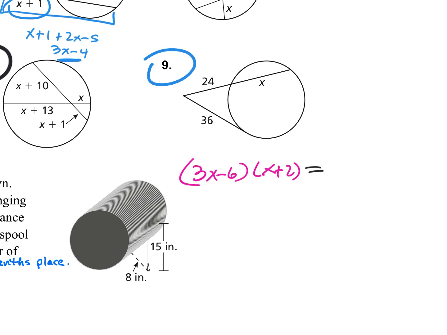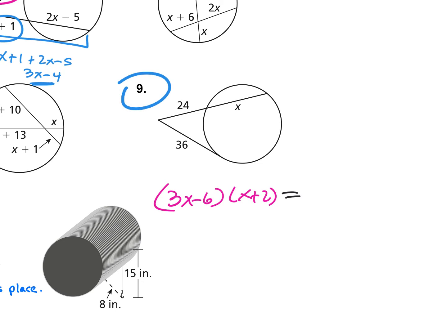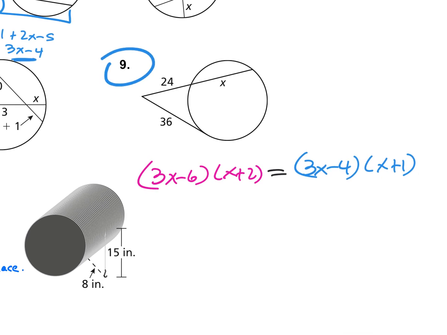Set that equal to the other side, the blue, which was the whole times the external piece. I need to FOIL these and then combine like terms. So the pink becomes 3x squared plus 6x minus 6x minus 12. This will cancel. So now I'm just left with this.